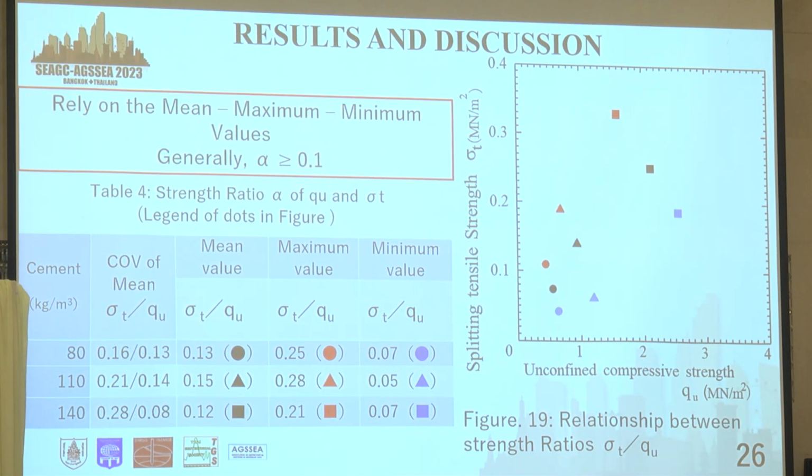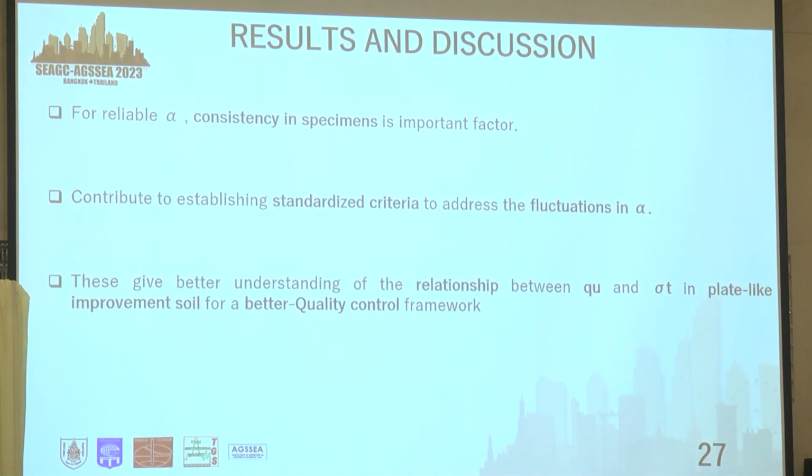On the field, when it comes to application, we need to consider the lower value for a better structural design. Here, the blue dot is the minimum, the red one represents the maximum, and the black one represents the mean.